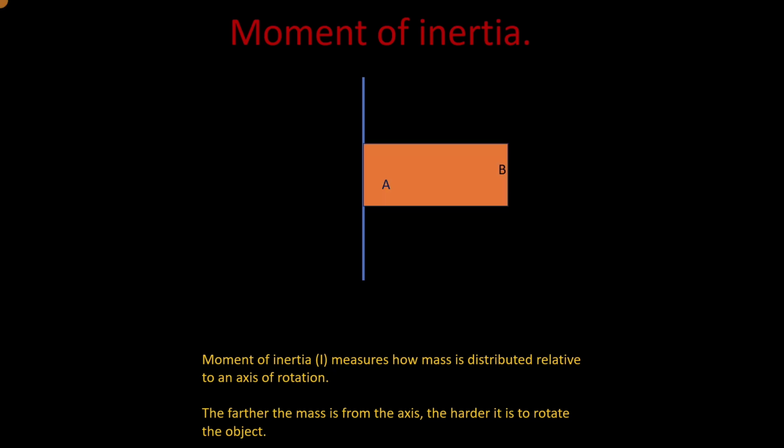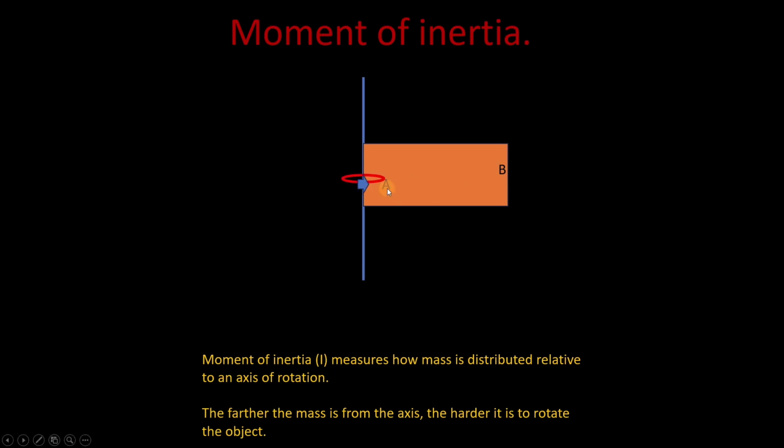Now, moment of inertia. We first take the rotation axis and we place an object. We consider 2 points of this object, A and B. Now if we want to rotate this object about this rotation axis, we should apply torque.